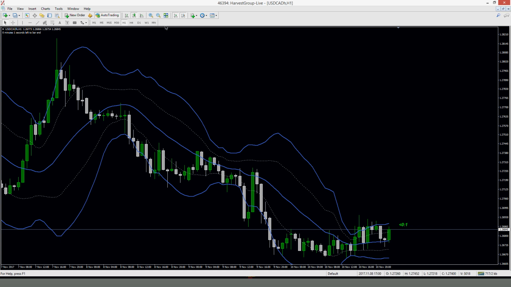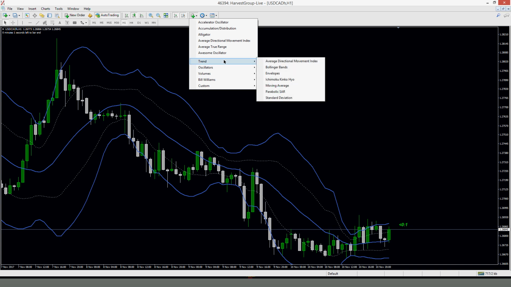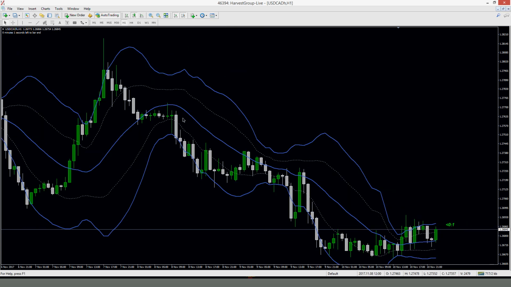What you need to understand and notice about these two things is that they belong to one particular indicator category, which is trend. You have Bollinger Bands and you have moving average in the same category here, which is trend. So basically these two indicators tell us where the market is going. It gives us a rough idea where the market is heading.